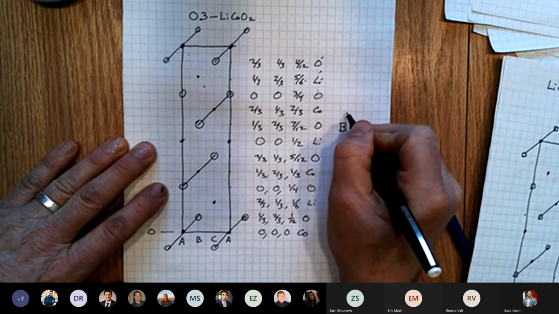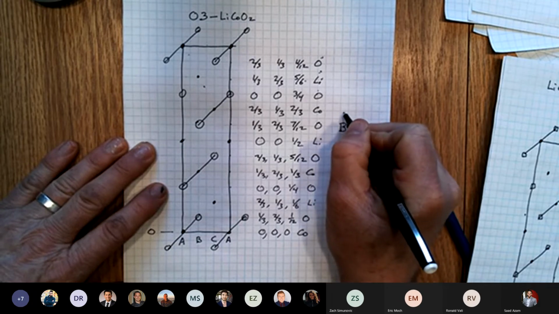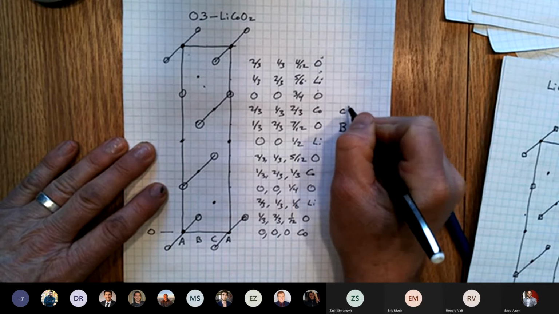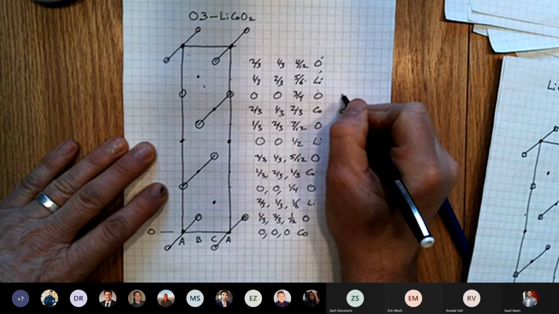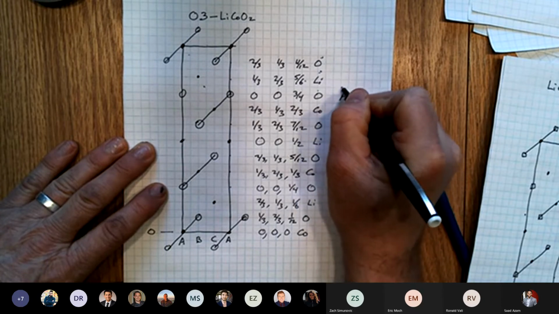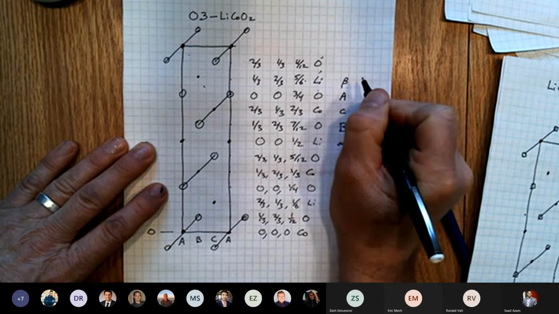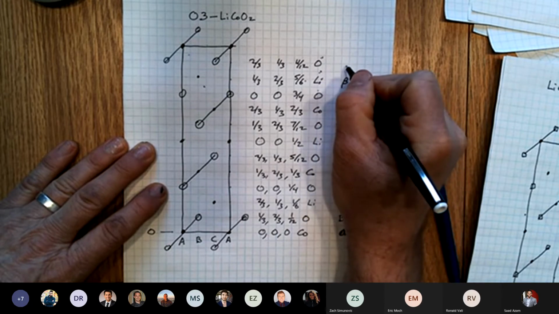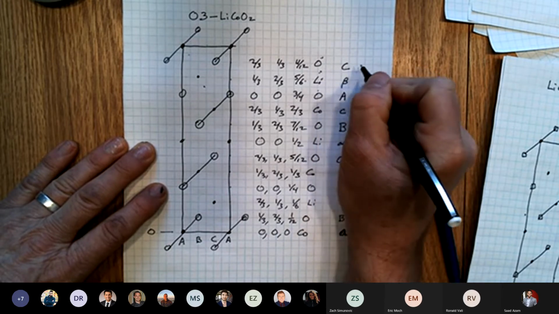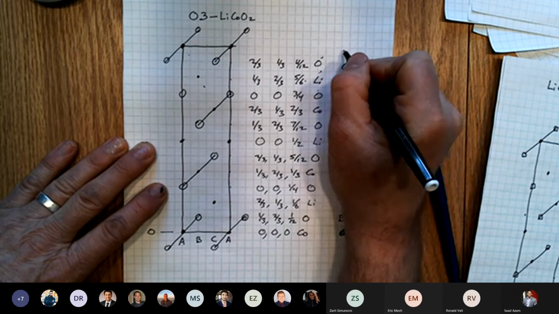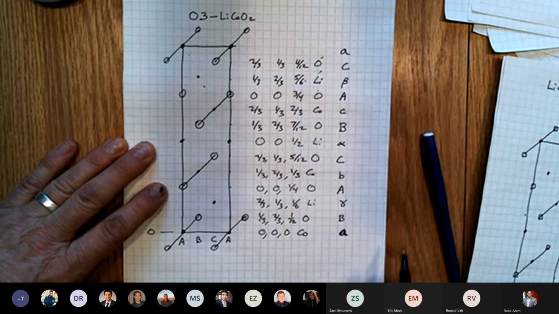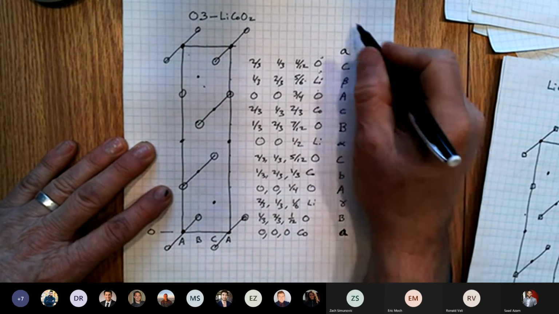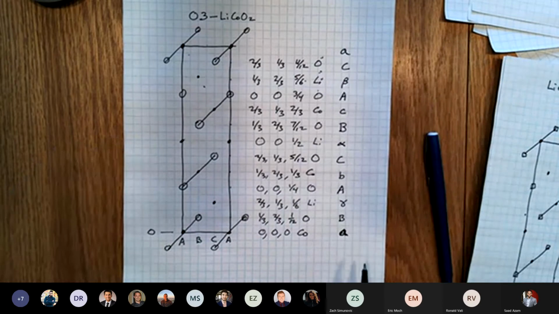Big B for oxygen, small c for cobalt. Big A for oxygen. Beta for lithium. And big C for oxygen, and then back to A for cobalt. So this is the repeating unit.